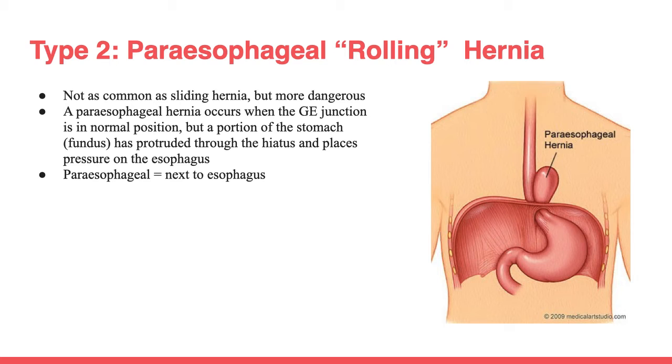So the next type of hiatal hernia that I'm going to cover is the type 2 or paraesophageal rolling hernia. This one is not as common as a sliding hernia, but it is more dangerous.